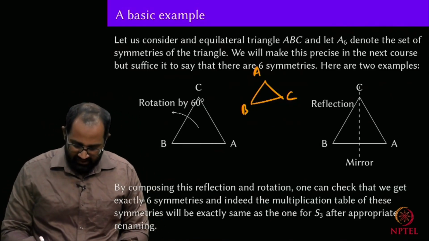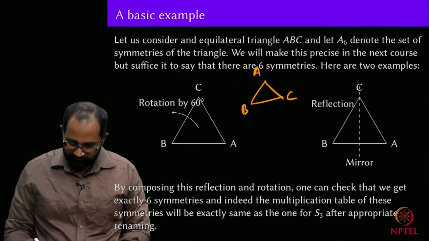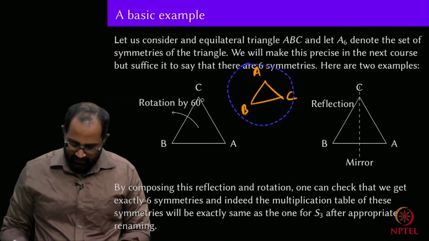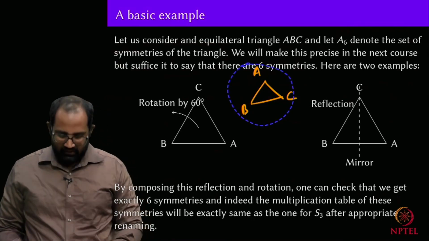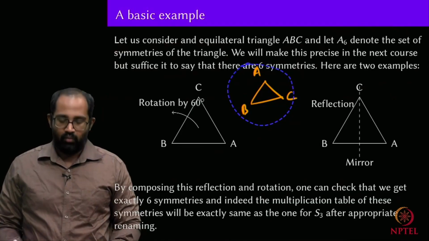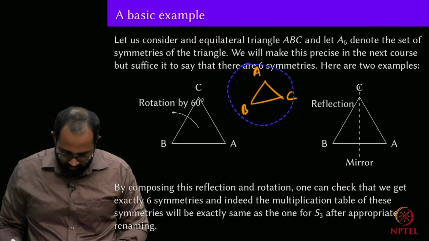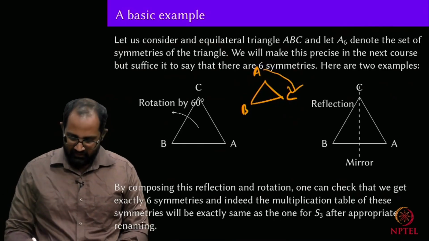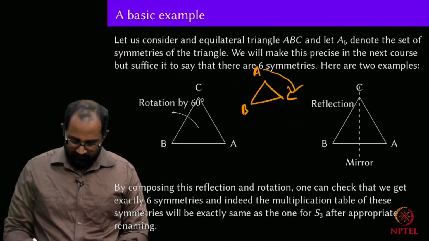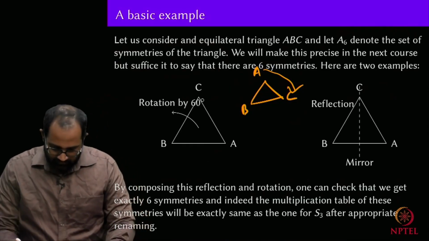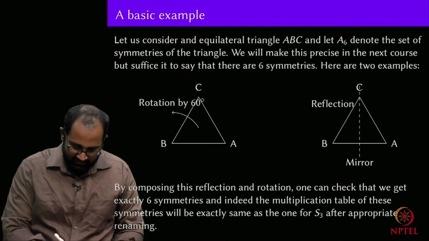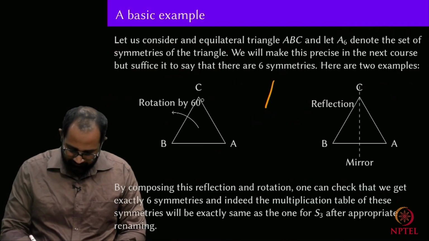If you take this triangle ABC and rotate it by 60 degrees clockwise, what will happen? A will move from here to here, and that is what has happened. One second, I have drawn the triangle slightly incorrectly, it is my fault.